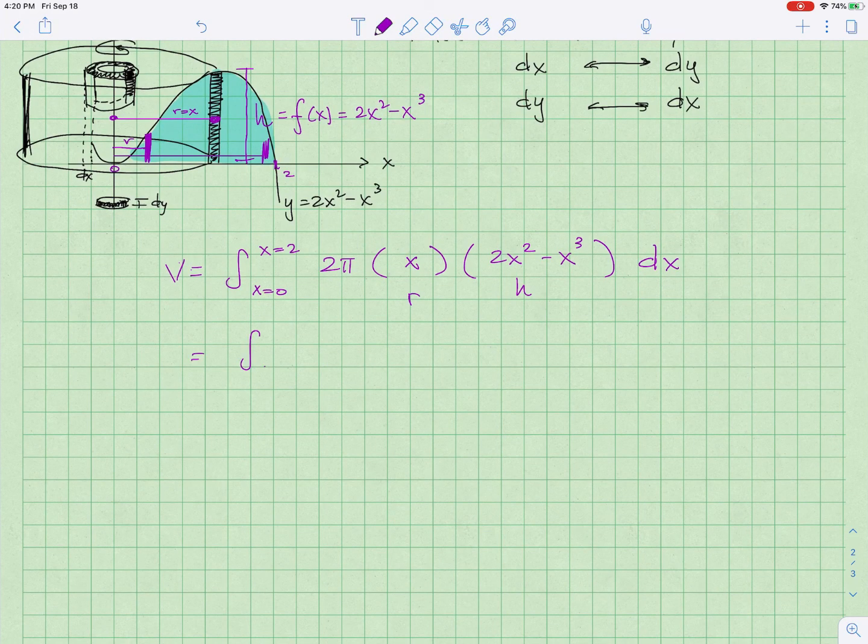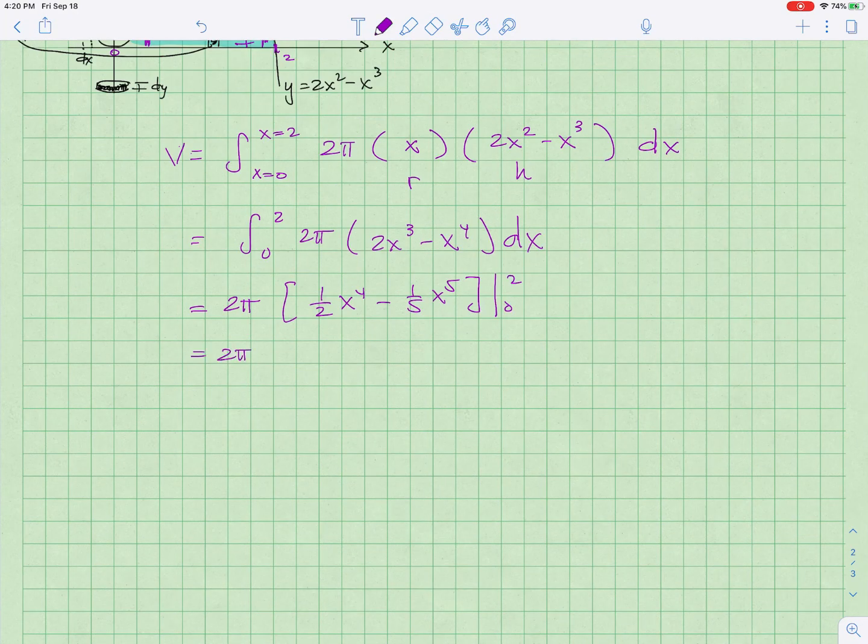And this is going to be, from 0 to 2, 2 pi times 2x cubed minus x to the fourth dx, which is 2 pi times 1/2 x to the fourth minus 1/5 x to the fifth, from 0 to 2, which is 2 pi. When we plug in 2, we're going to get 8 minus 32 over 5, minus the 0 when we plug in 0.